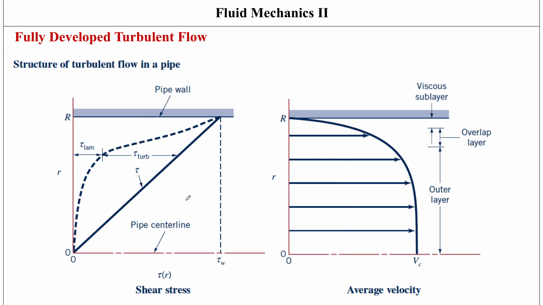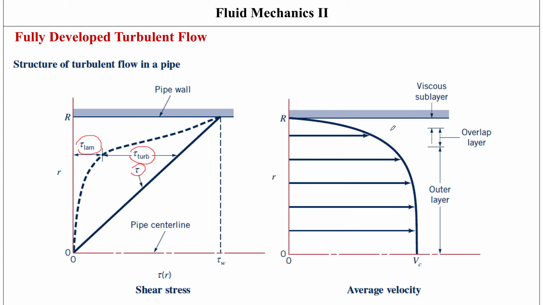What this indicates is that we subdivide the velocity profile for a turbulent flow into different layers. What these layers indicate is that the shear stress is basically a combination of the laminar shear stress and the turbulent shear stress.